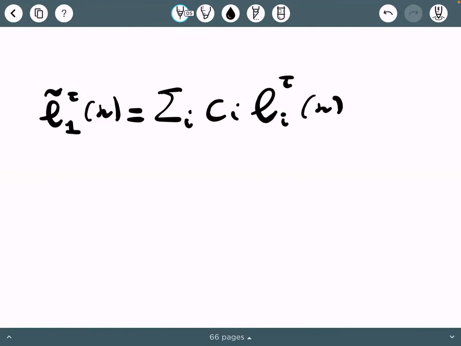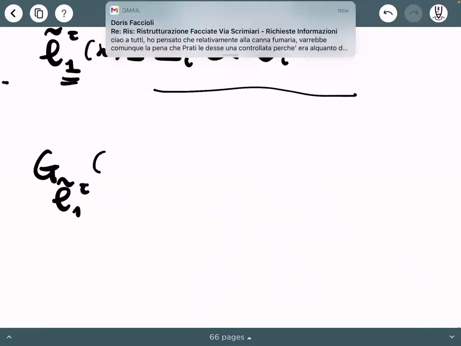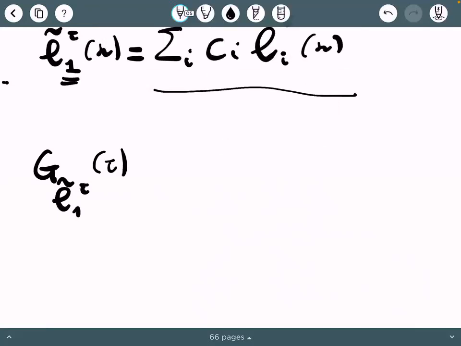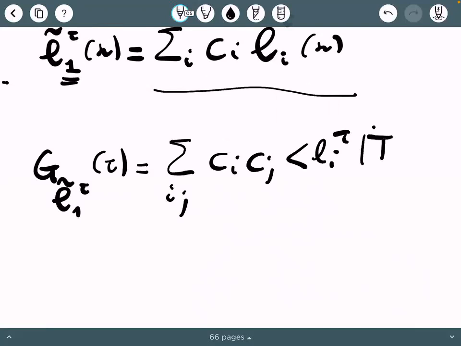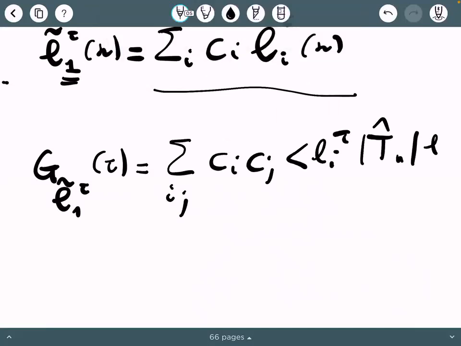I can do this for many, but let's say I take the first eigenmode and expand it. Then G of L tilde 1 is equal to the sum over i and j of c_i c_j, the inner product of L_i with the transfer operator applied to L_j, relative to pi.